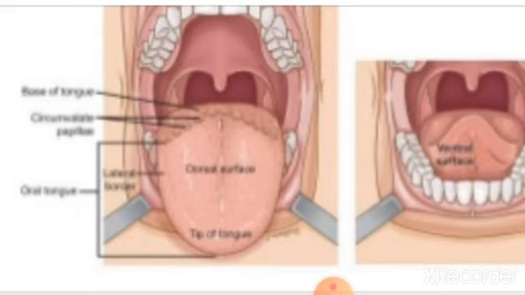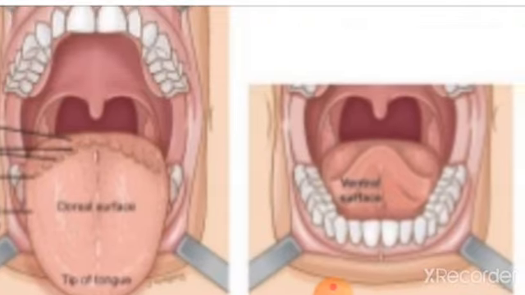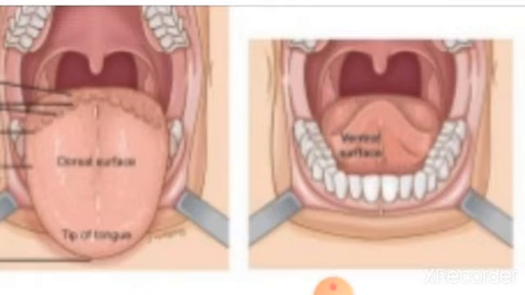Now the ventral part is confined to the oral cavity only. On either side of the frenulum, there is a prominence called the deep lingual veins. You can see these deep lingual veins on the ventral surface of the oral part.